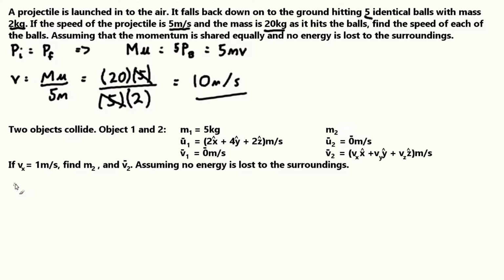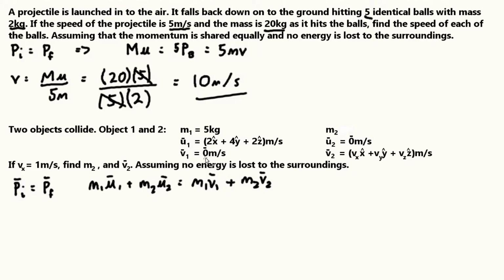Let's start off by writing down that our initial momentum is equal to our final momentum as vectors, and then, as an extension, if we know that our initial velocity is u and our final velocities are v, then we can say that m1 u1 plus m2 u2 is equal to m1 v1 plus m2 v2. And this is our conservation of momentum equation.